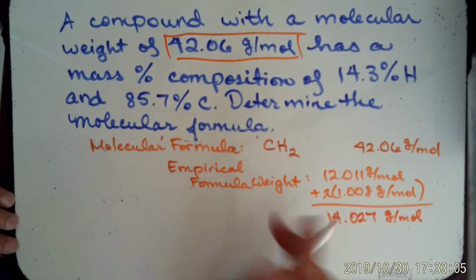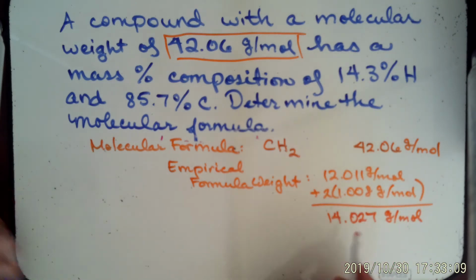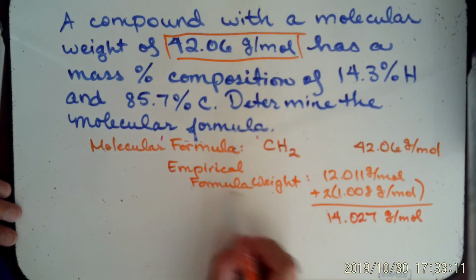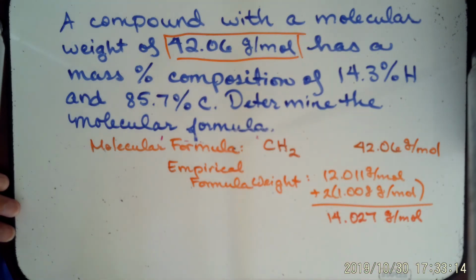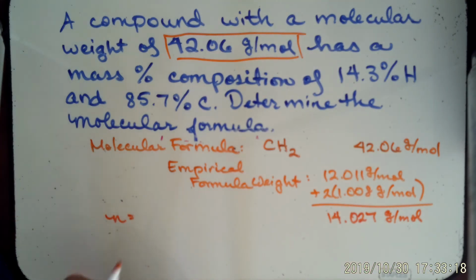Now we divide 42.06, the molar mass, divided by the empirical formula weight, the 14.027. So I said we'll just set the whole number variable to n, just because I'm used to using n for my whole numbers.